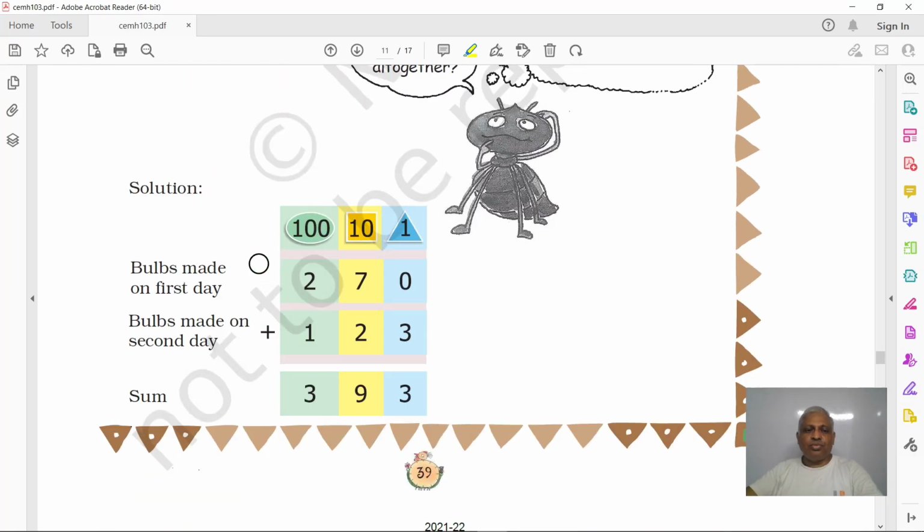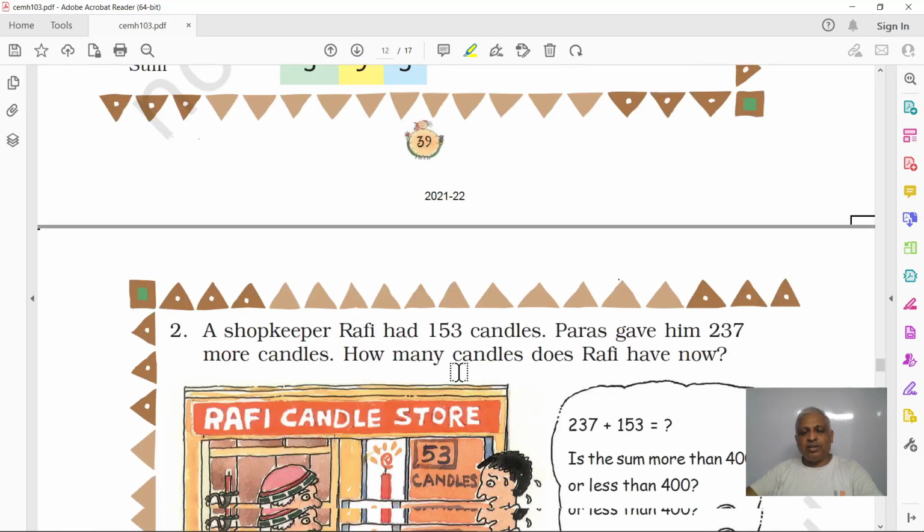Okay, this is how we add hundreds place, tens place, ones place. 270 plus 123. 0 plus 3, 3. 7 plus 2, 9. 2 plus 1, 3. So 393 bulbs they made.